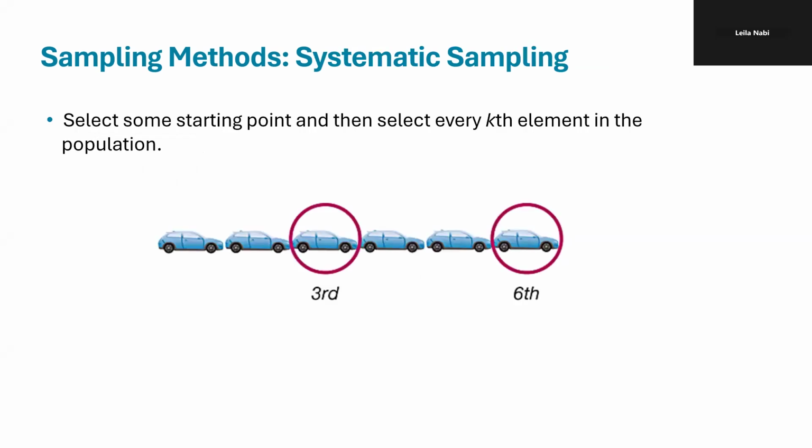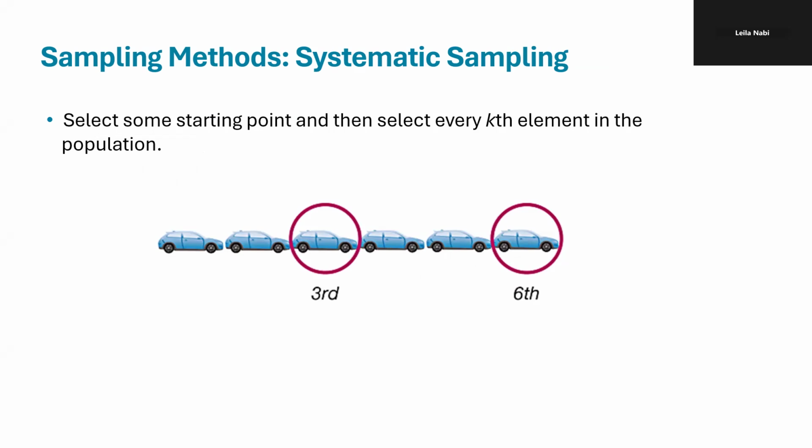The next method is called the systematic sampling. Systematic sampling means we have a group of population. We put them in order, or just make a list of all the population. Then we select at one point and then select every kth element in that population. For example, we start from the 3rd person and then we select every 6th one.